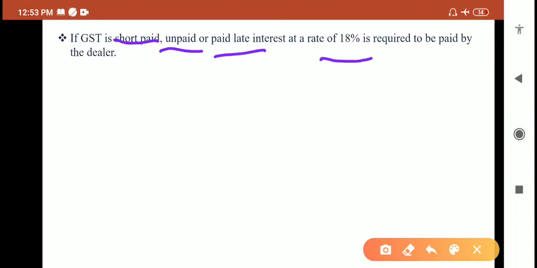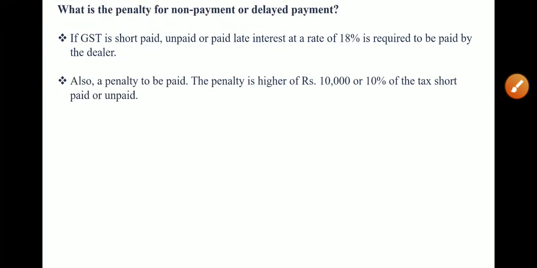Okay, 18% interest is required to be paid by the dealer if they paid a lesser amount, or fail to pay the GST fully, or paid the GST later than the due date. So this is a penalty, 18% is required to be paid. Next, there is also a penalty: the penalty is the higher of rupees 10,000 or 10% of the tax short paid or unpaid.